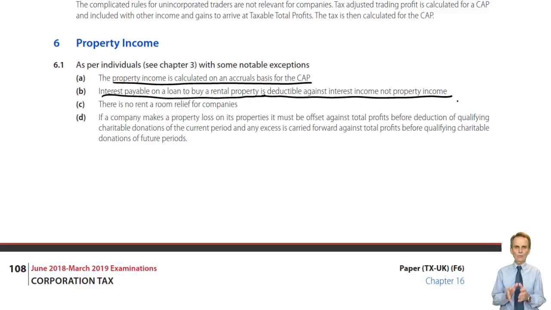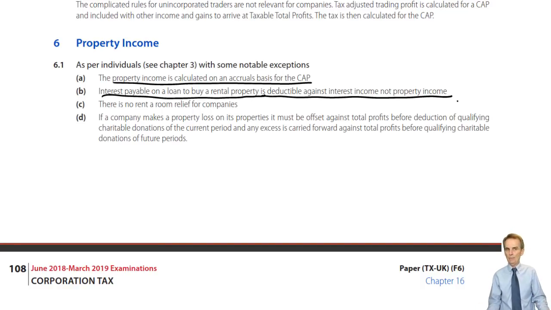So there is one of the two main examples of a non-trading loan. You borrowed to buy an investment, a rental property, rather than a property used in the trade. That is what makes it a non-trading loan, and that means that the interest payable goes against interest income, not, as you might think, against the rental income derived from that property.